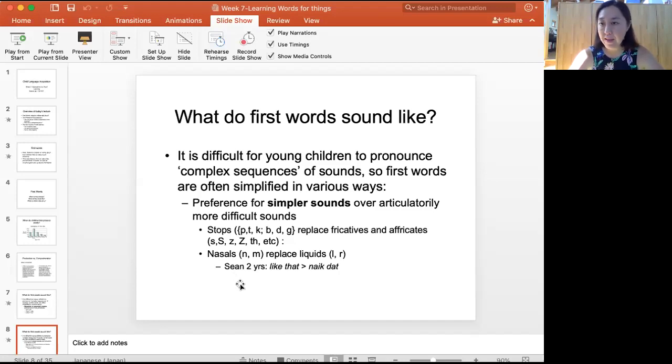What's interesting about this is that, I'm sorry, I forgot to say, liquids, L's and R's, are also difficult for children.